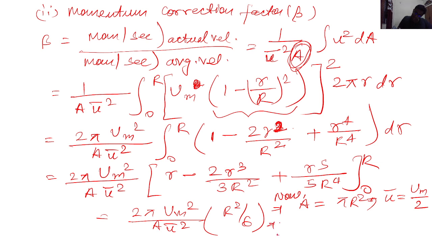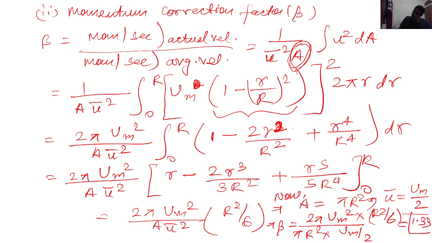So this implies beta would be 2 pi Um square by pi R square times Um by 2 square, just multiplied by R square by 6. So beta would come out to be 1.33 or 4 by 3. So this question is also solved.